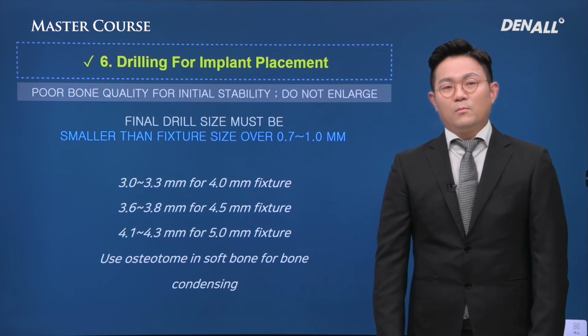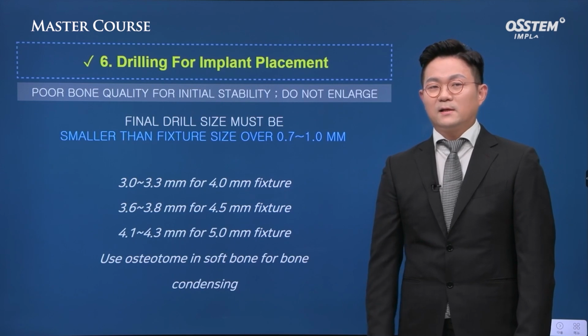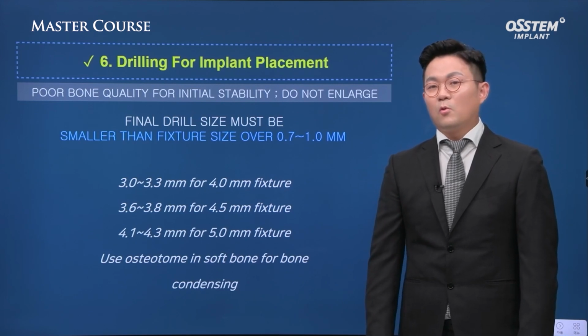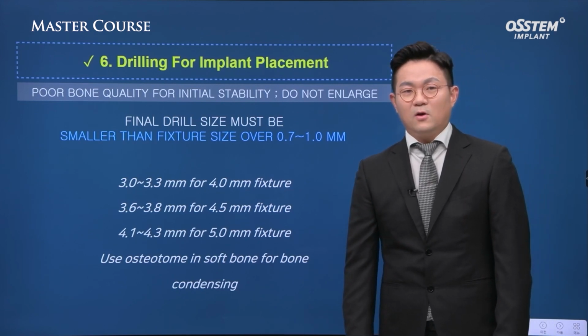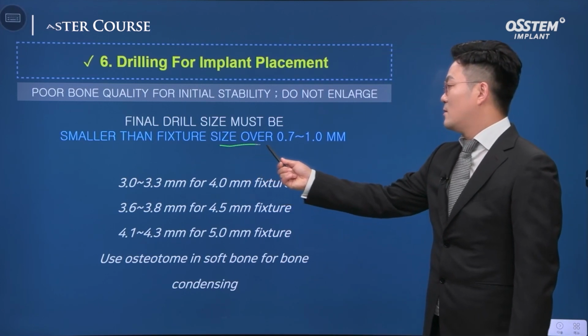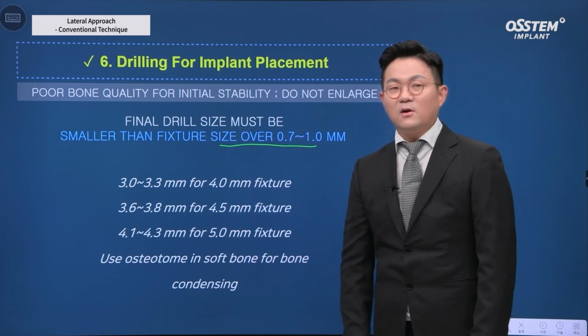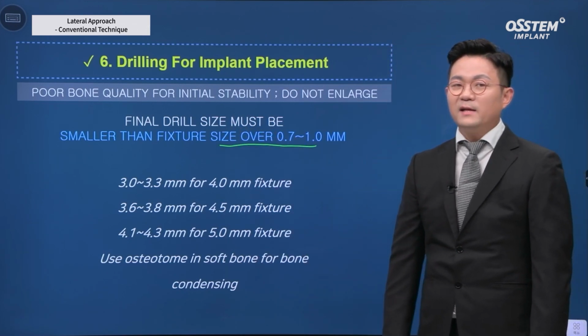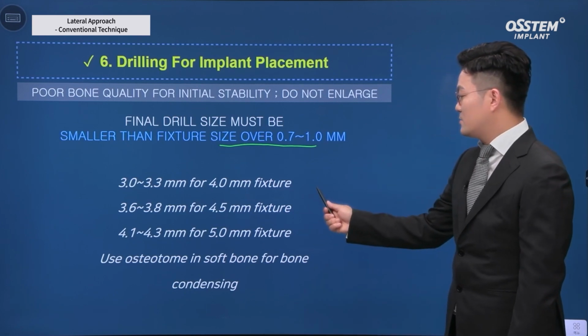And if there's a lot of bone loss on the extracted side, then the bone density would be weak. So the recommended way would be to use a smaller final drill for the final preparation. That's more favorable in terms of result.